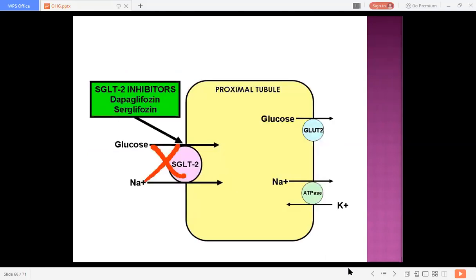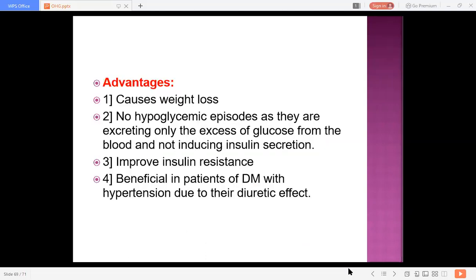So SGLT2 inhibitors, dapagliflozin, sergliflozin, inhibit the SGLT2. So there is no glucose reuptake in the proximal tubule. Advantages: causes weight loss, no hypoglycemic episodes as they excrete only the excess glucose from the blood, not inducing insulin secretion.